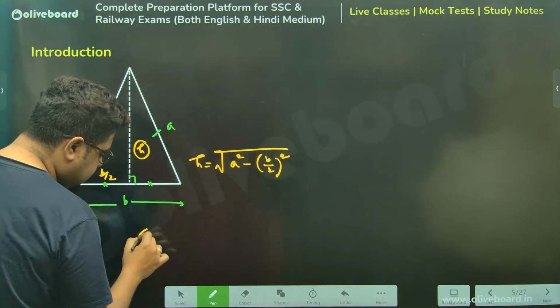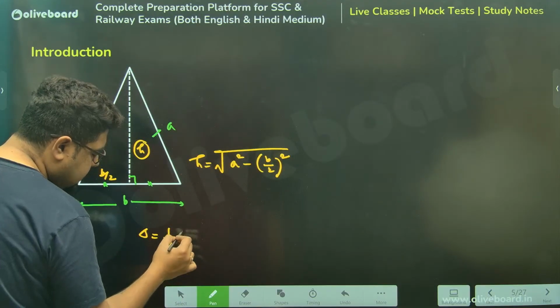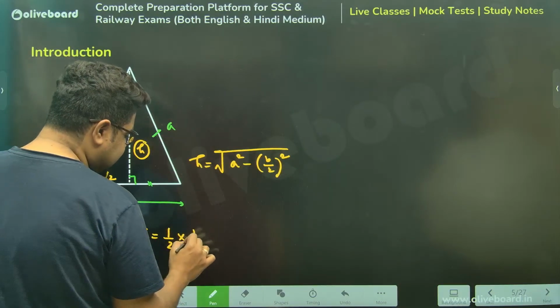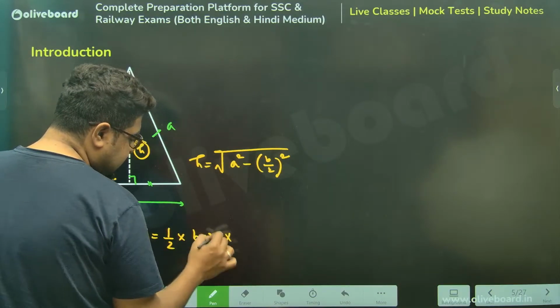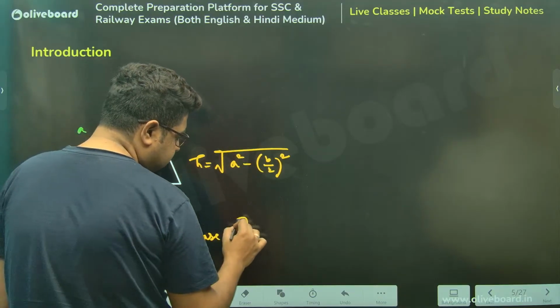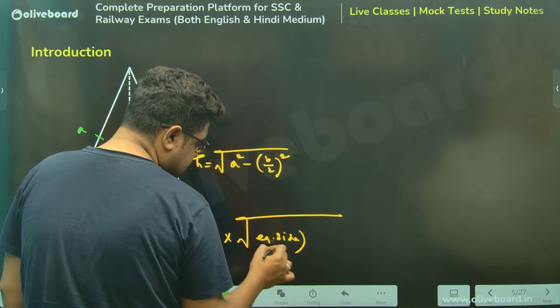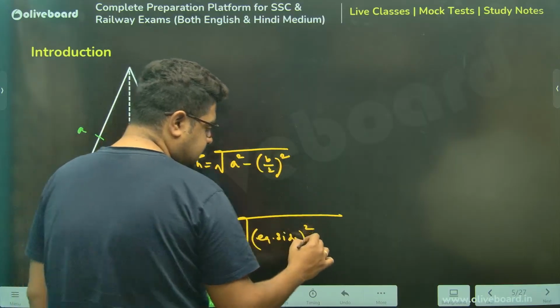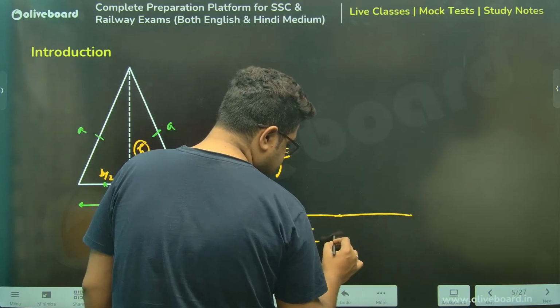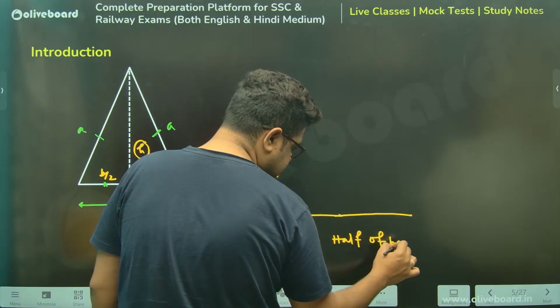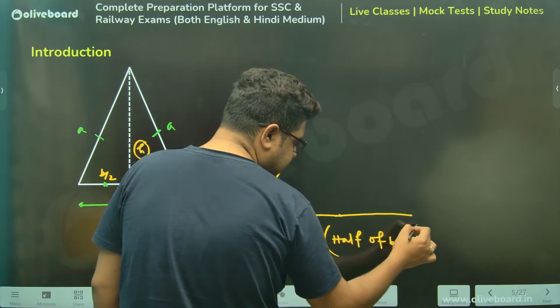And delta is going to be half into base into height. Height is what, sir? Root over of equal side square minus half of base square.